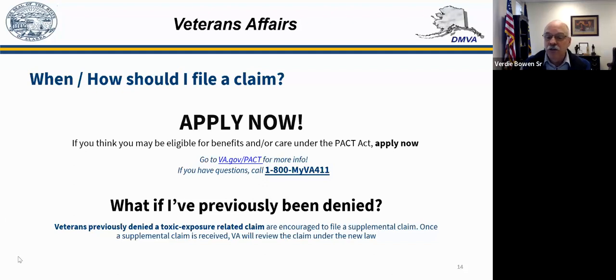The medical screening is pretty simple. I did one, it takes about 3 or 4 minutes. It just asks you if you're exposed to chemicals or radiation. And depending on where you were in the region, you're going to have different exposures to different things. But the whole thing is to make sure that you get into that medical screening. And then when you're completed, then file for your VA disabilities.